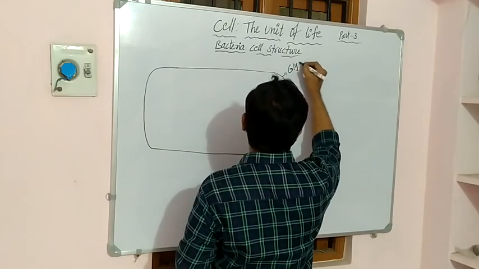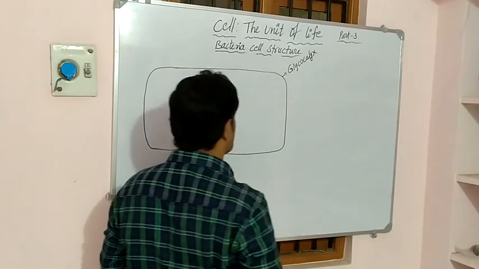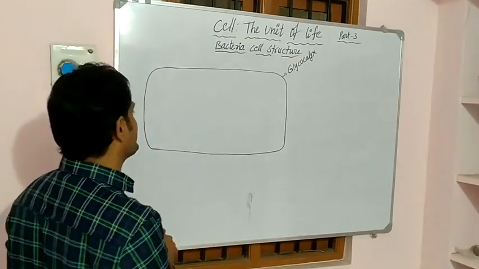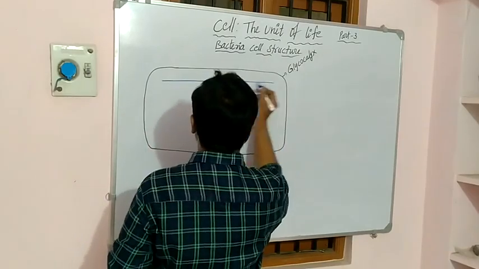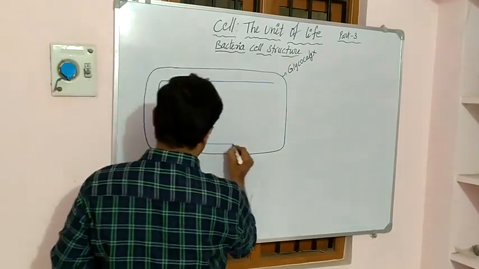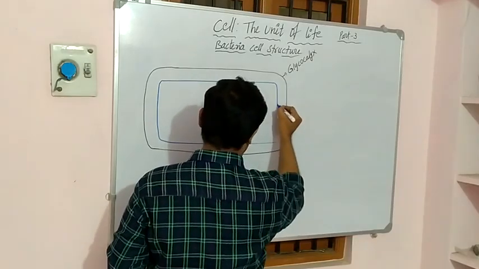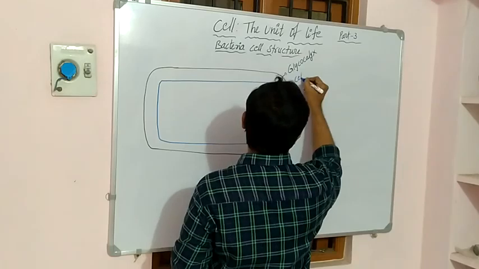Glycocalyx. Then going to the second membrane of the bacteria, which is inside the glycocalyx, this membrane is called the cell wall.